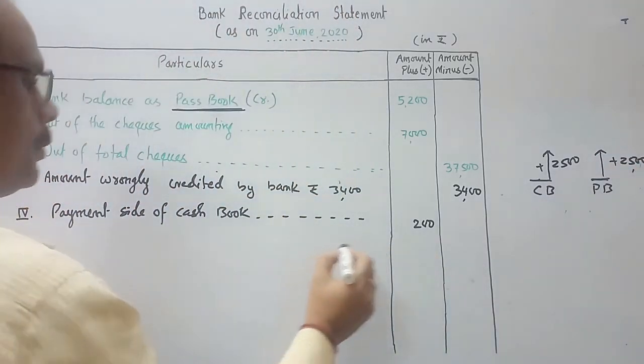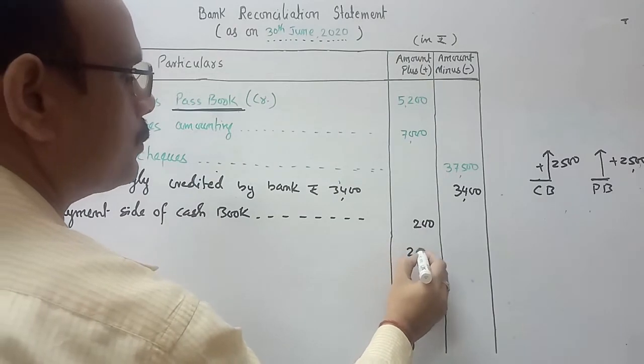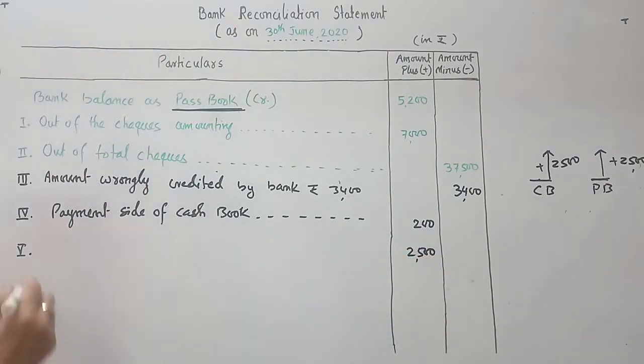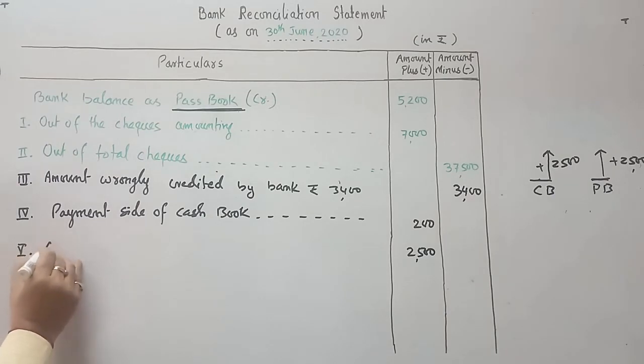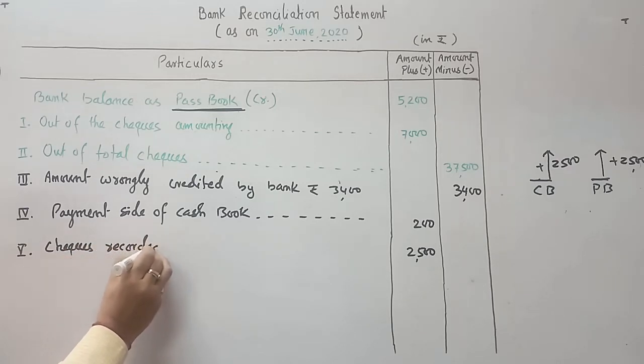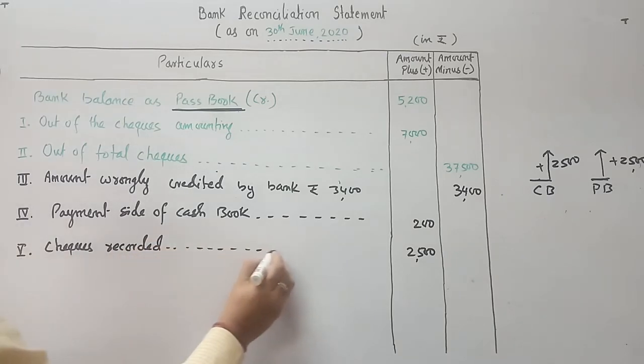So we write 2,500 in the addition side. Write the information: checks recorded. You write the detail.